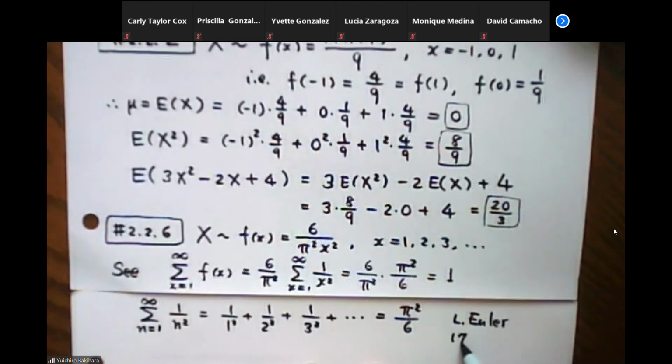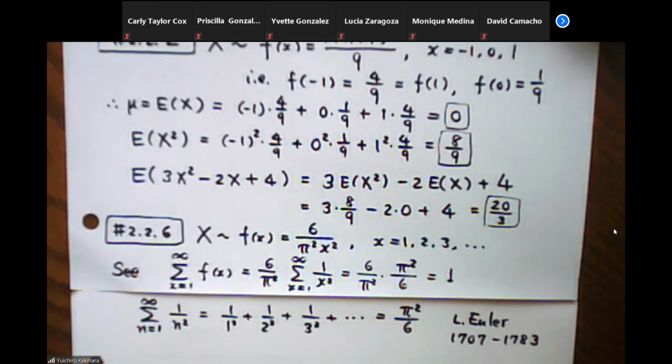He lived from 1707 to 1783, an 18th century mathematician. He lived up to 76. When he was 35 years old, he proved this one.